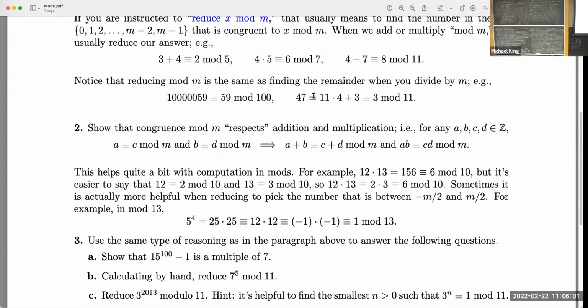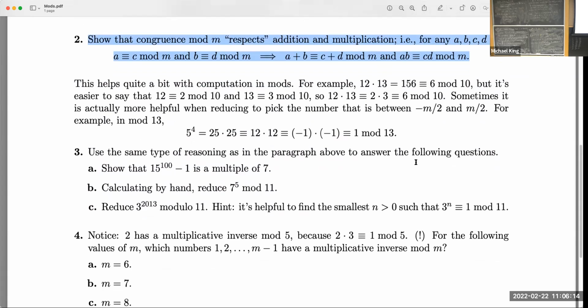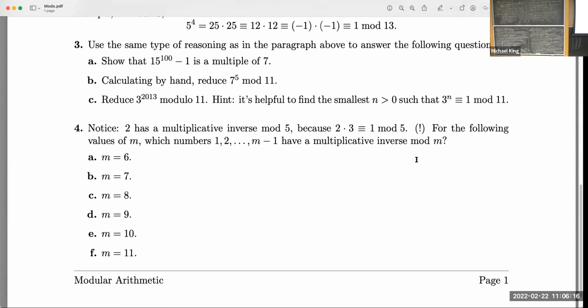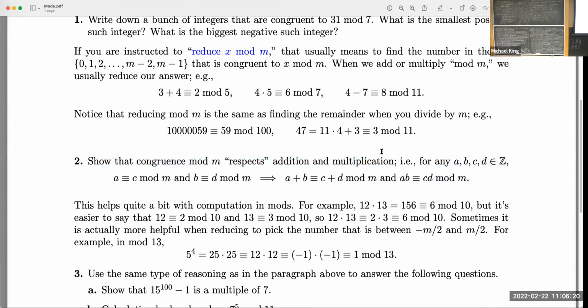You might skip number 2 for now and come back to it and do number 3, because that's using the same reasoning as we did here. You can compute all of these pretty easily. Then you might go back to number 2 and try to prove it from the definition. And number 4 is interesting. I think that's it for the page, just a 1-page handout. Okay, so groups, can we do groups? Same groups as usual?